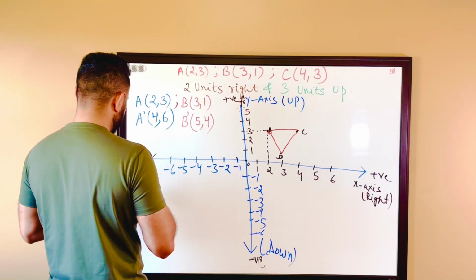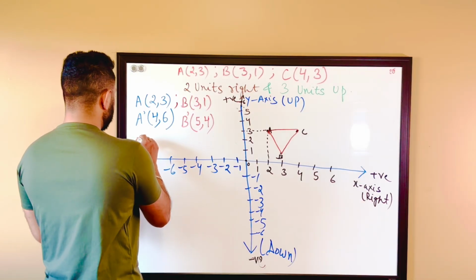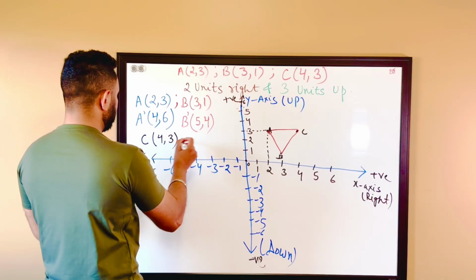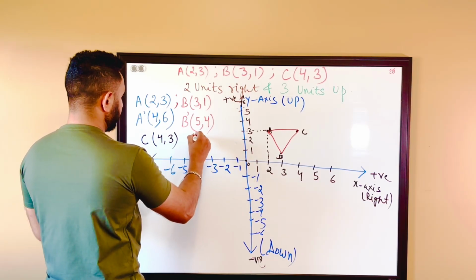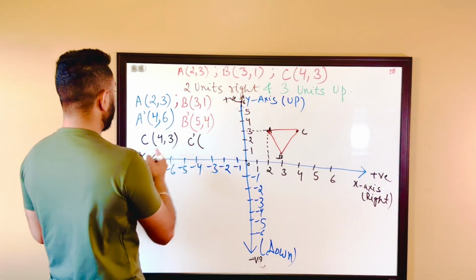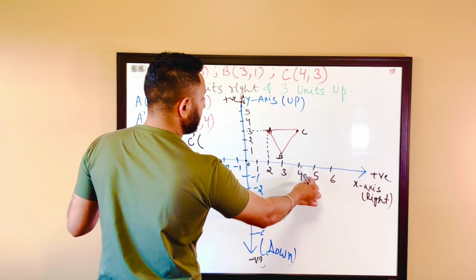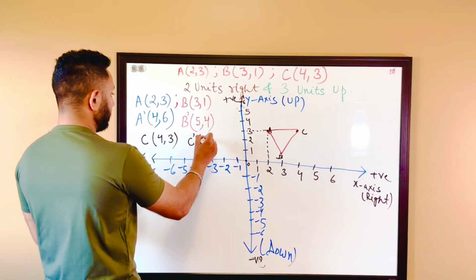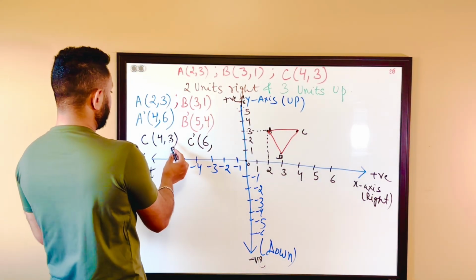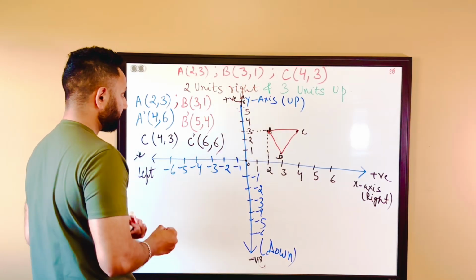And for the C, 4, 3. After translation, 2 units to the right, so 4, and 2 units to the right, 6. And 3 units up, that means 3 plus 3, 6.